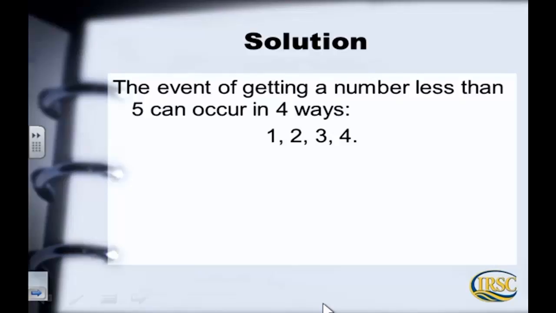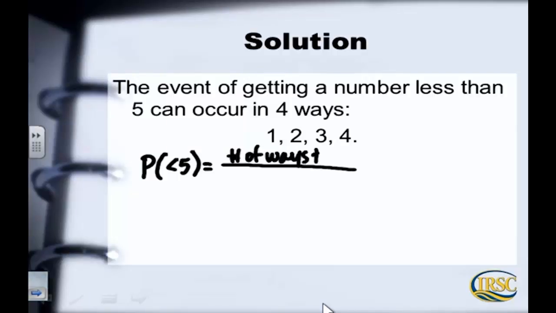So in words, you could write this out as, okay, the probability of getting less than 5, that's how you could write it out in shorthand, means the number of ways to get less than 5. And then the denominator could be the number of total possible outcomes. Good.